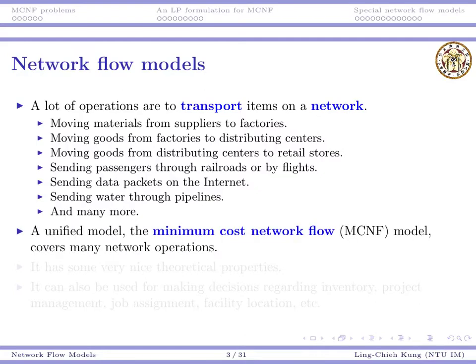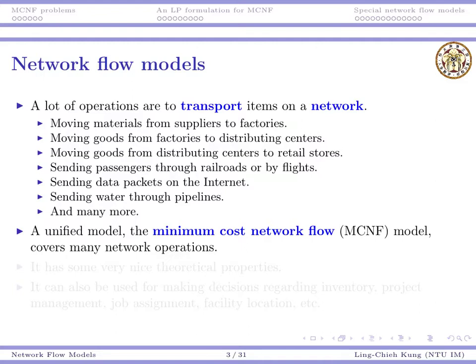Today, we will talk about a unified model, which is called the minimum cost network flow model. So in the sequel, we will call them MCNF models or minimum cost network flow models. This model, as we will see, can cover many network operations. So there are all kinds of different network problems, and MCNF can cover a huge amount of them.